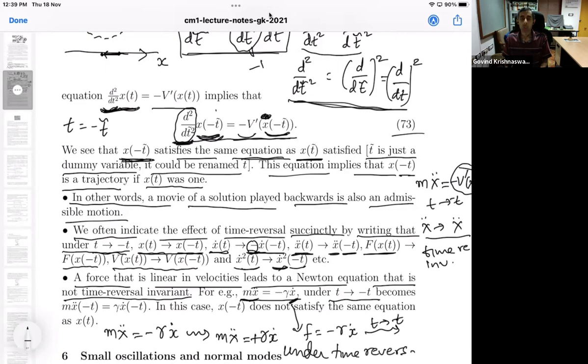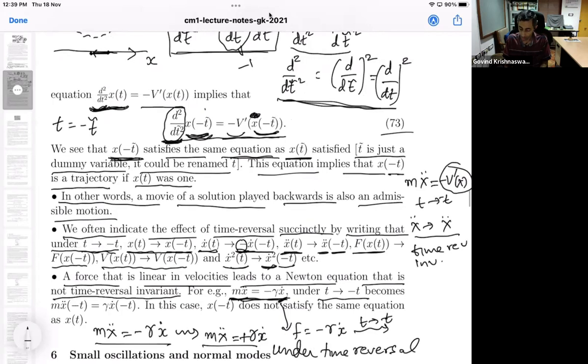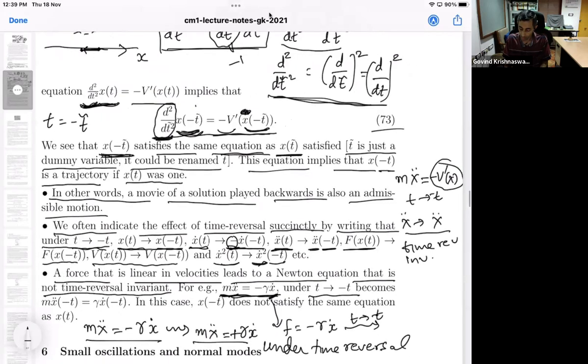So that equation is not the same as the original equation. Basically, the sign of gamma has gotten reversed. So it's not the same equation, and we say that Newton's equation for a force that is linear in velocity is not time reversal invariant.